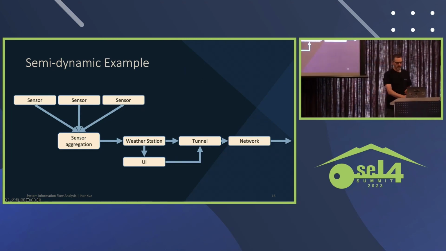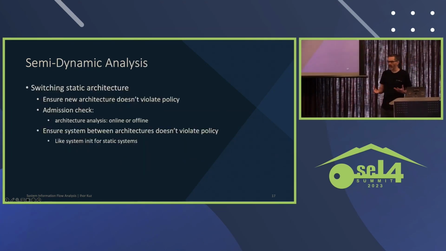If we want to analyze these kinds of systems, we know the previous architecture, and we need to know the new architecture that we're switching in, and then we need to analyze both of those. We need to make sure that the original architecture fulfills whatever security policy we have, and that the new architecture also fulfills it. We can analyze these using, for example, graph analysis or other static techniques.